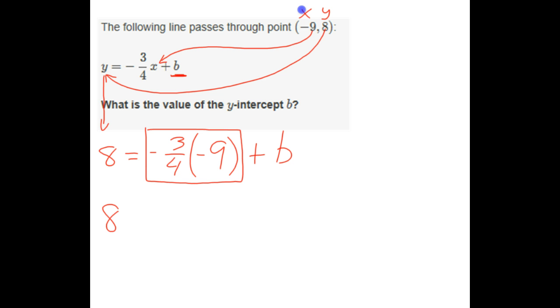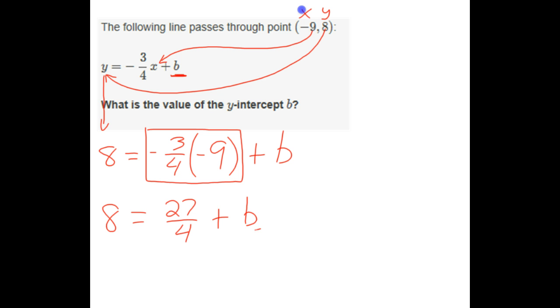So I have 8 is equal to 27/4. Do it on a calculator. On a calculator, it will probably give you 8 3/4, because 4 goes into 27, 8 3/4. So we get 8 is equal to 27/4 plus b.